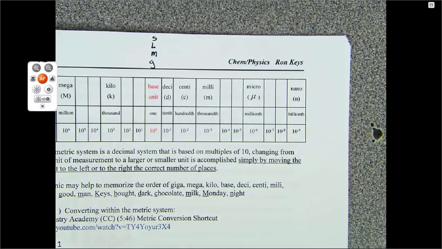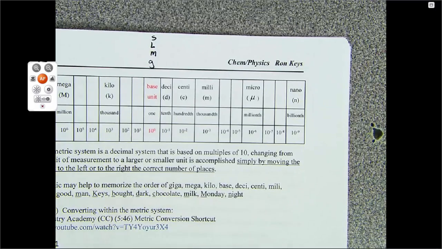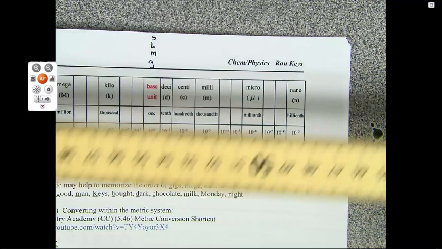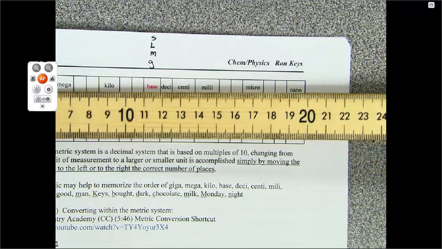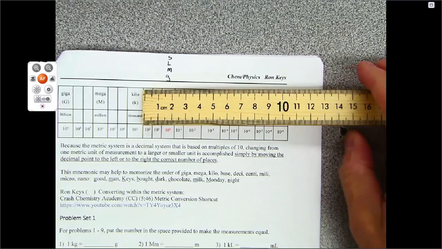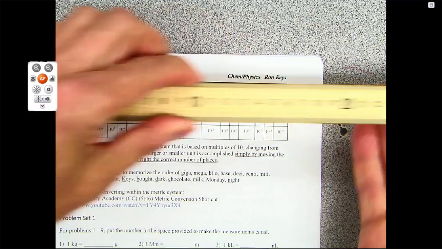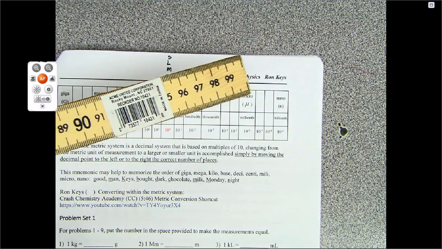Now, in the metric system, it works really, really well because we could be talking about distances here. And let me go through this quickly. This is a meter stick because when we get to the end, it goes to 100.